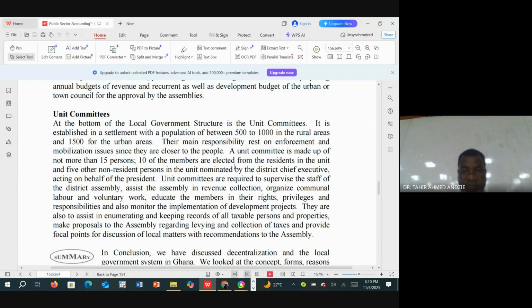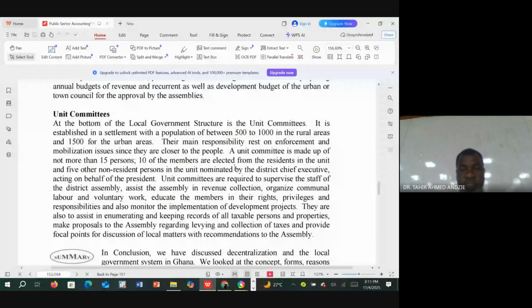So in a community where you have about 500 to 2,000 people, we are supposed to have a local committee. We have 5,000 people in the rural areas, and 1,500 for the urban area. So if you have a place where about 1,500 people live, you have an urban area, but the unit committee is supposed to be in towns with a population of between 500 and 1,000.